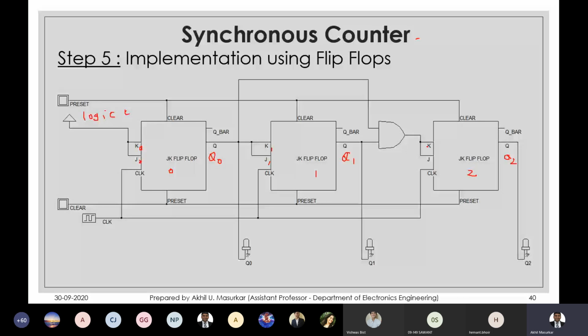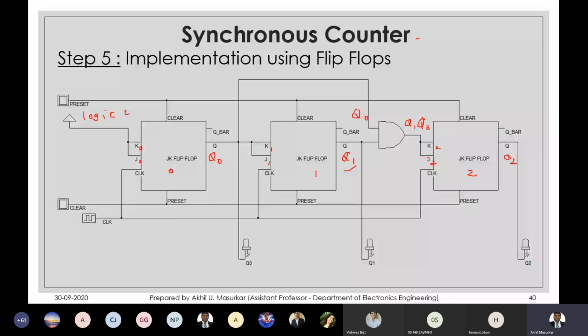Then for J2 and K2, this has to be Q1 and Q0. So I have used the AND gate to take Q1 from here and Q0 from the previous state to get Q1 and Q0 as J2.